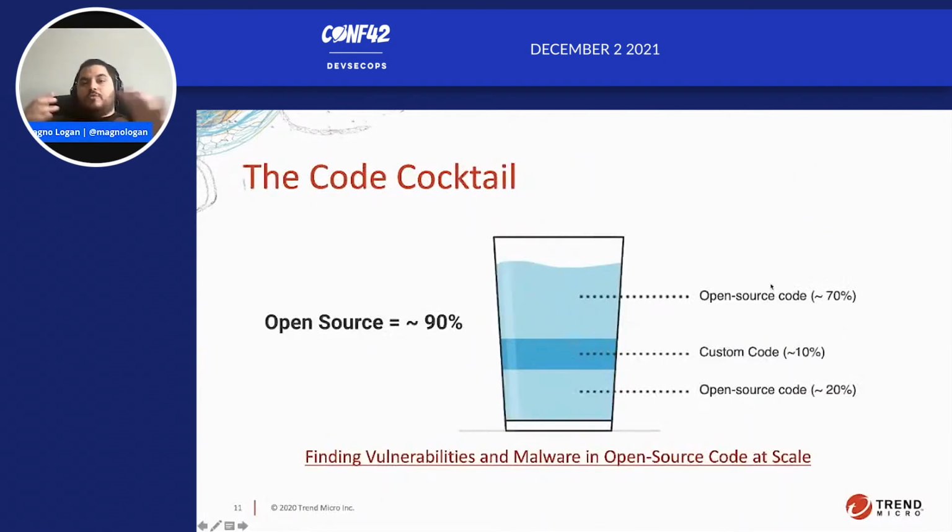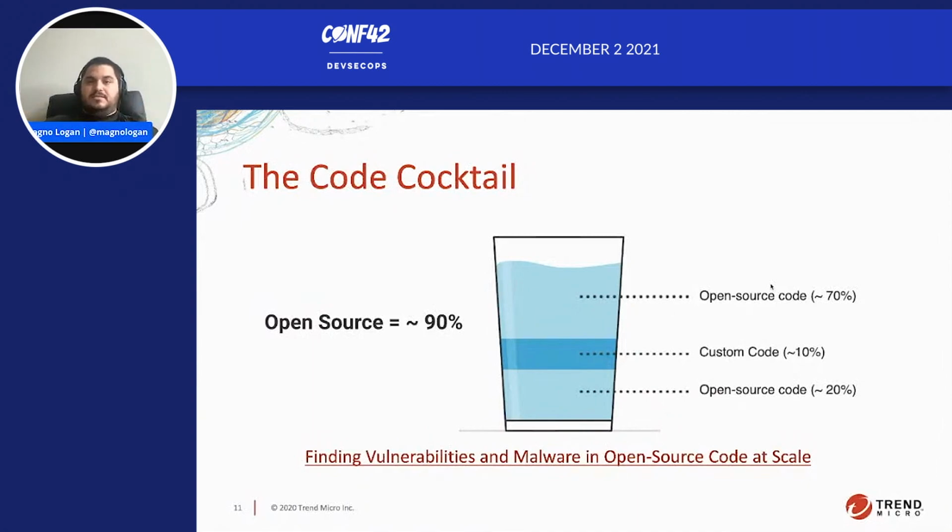Okay, so I don't know if you heard about this, but here's just one more data point for you to understand and probably worry a little bit more about this problem, right? This was presented by Mark Curphey, who is one of the founders of OWASP, and he's also the creator of a company called SourceClear, which is now part of Veracode. And he presented this code cocktail, right?